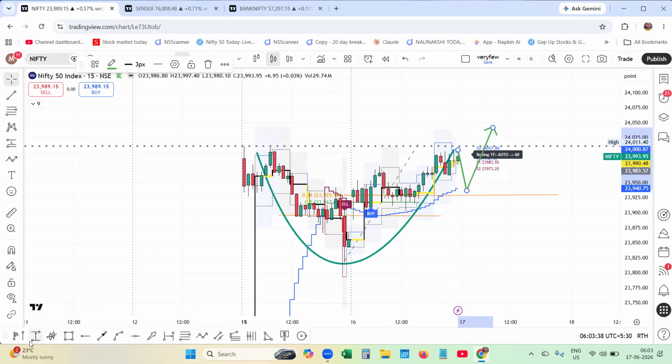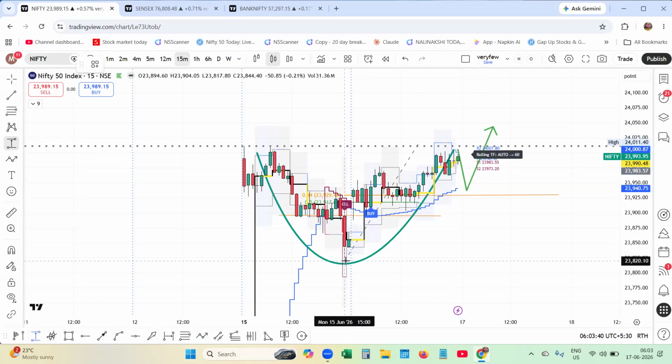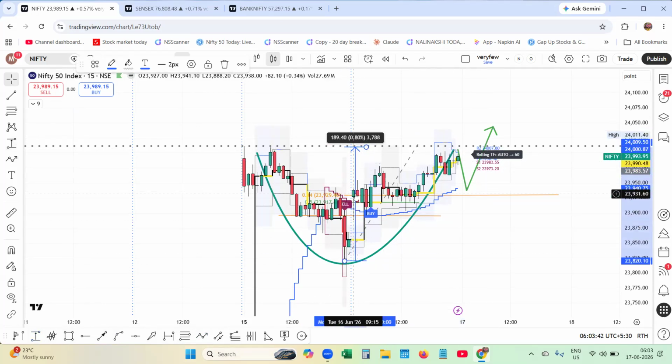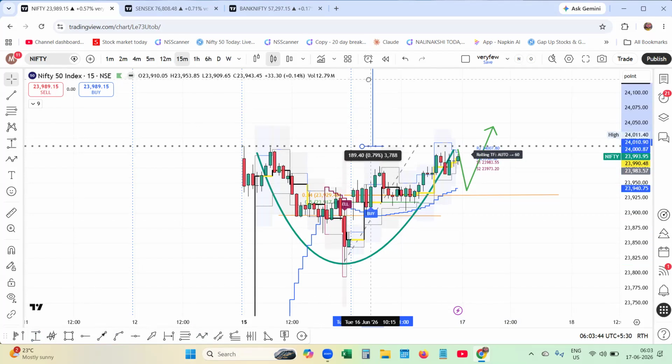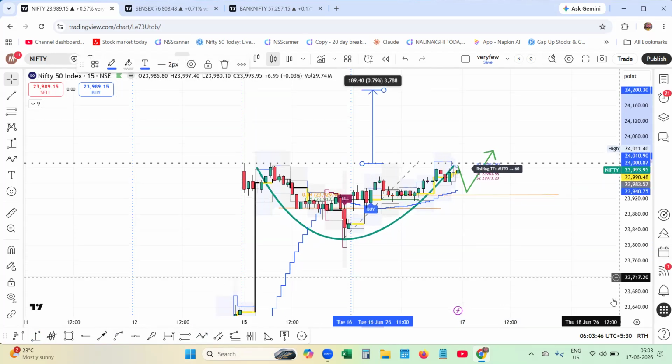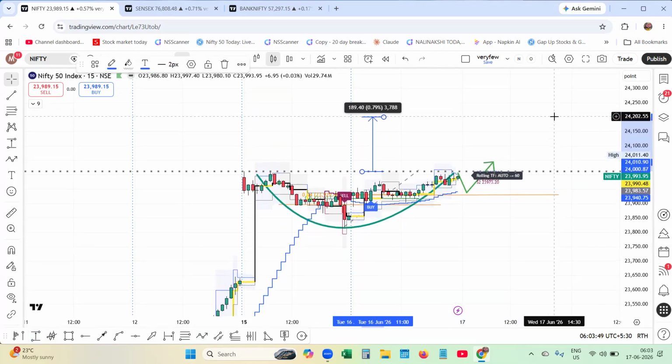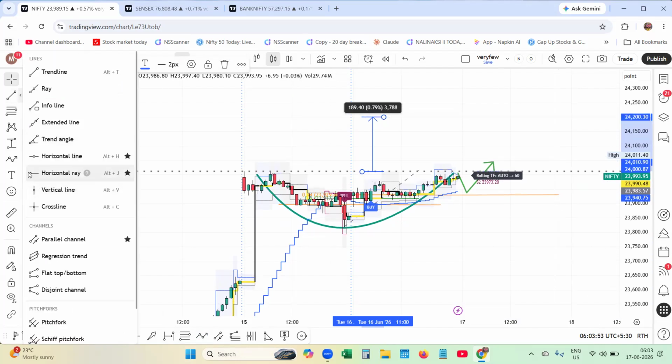You can anticipate from the depth of this cup, you can anticipate the target to be 24,202.